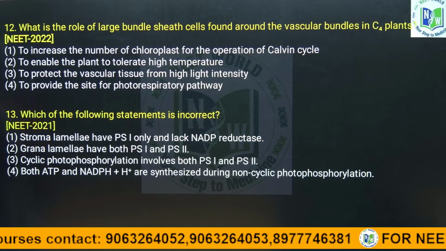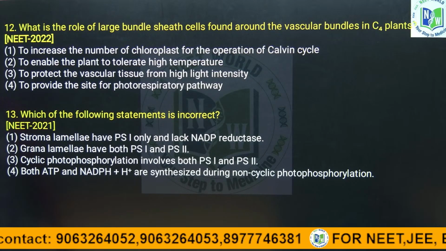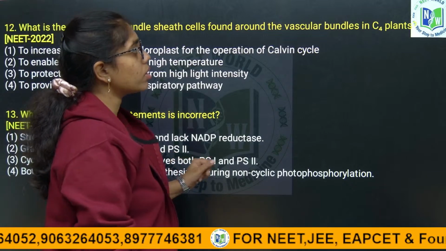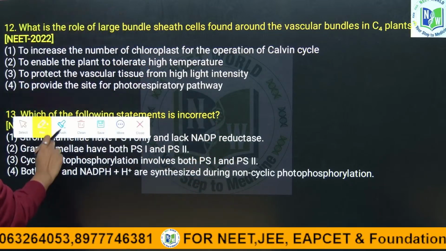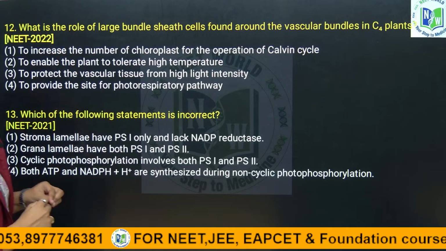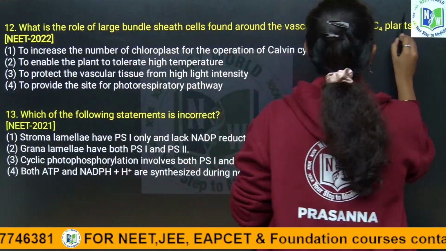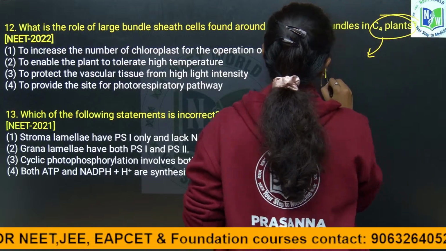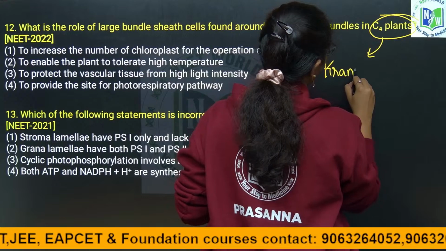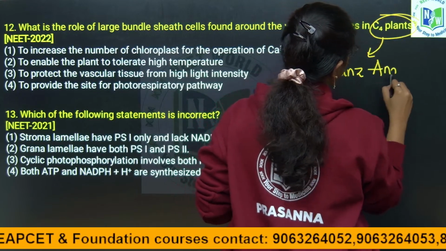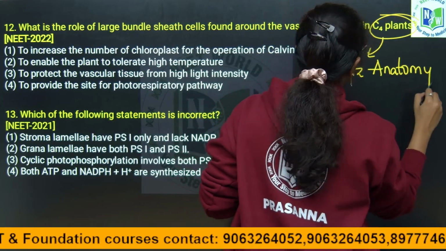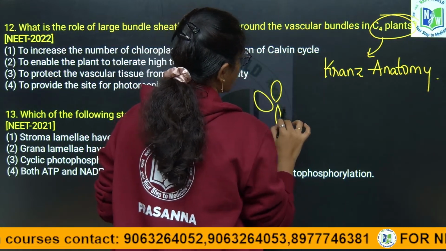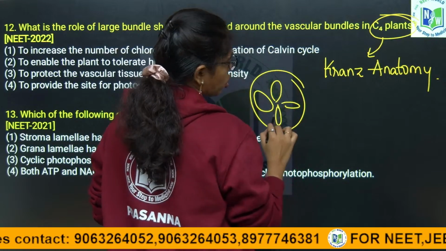What is the role of the large bundle sheath cells that are found around the vascular bundles in C4 plants? Whenever we talk about C4 plants, what immediately comes to your mind is Kranz anatomy, wherein vascular bundles are arranged in the mesophyll cells.